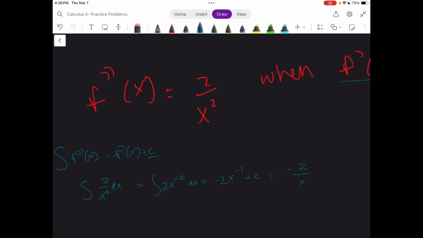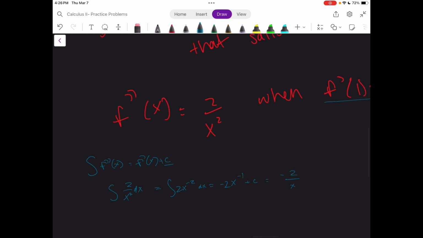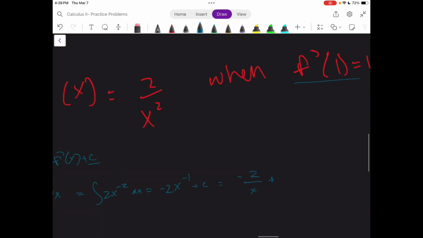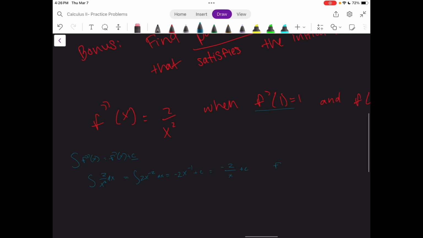Let's see, when you take the derivative of this, it's going to increase the power of x to 2 and bring another negative out front. So this is the correct derivative, plus c. What that tells me is that f prime of x equals negative 2 over x plus c. But if f prime of 1 equals 1, well, let's figure out what f prime of 1 is.